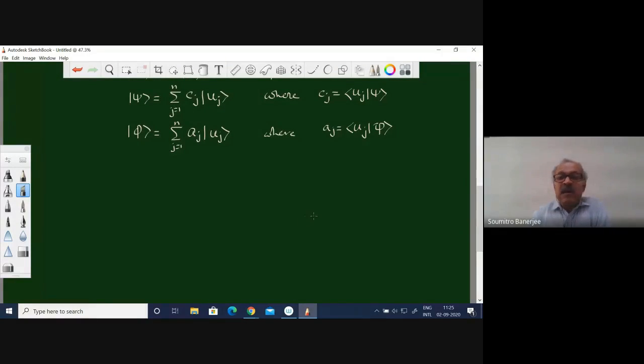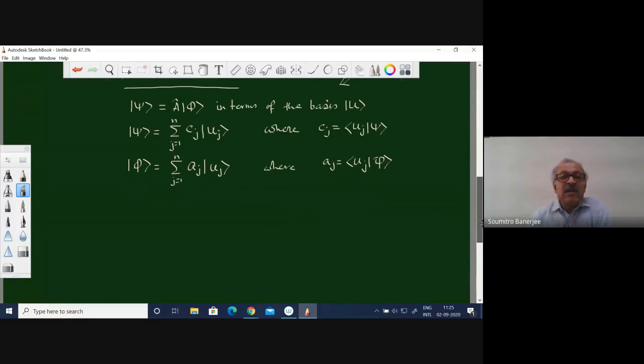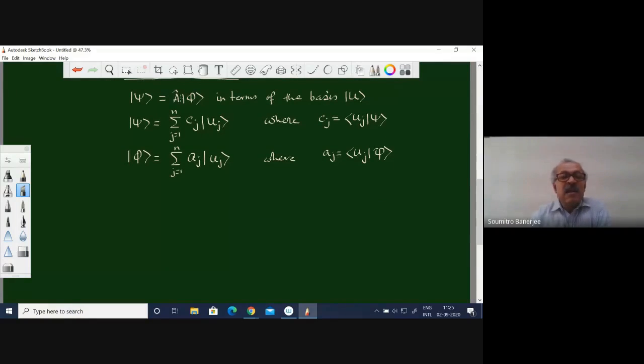All right. Now we had this, and we had each of these in terms of their components, so we can substitute this here.